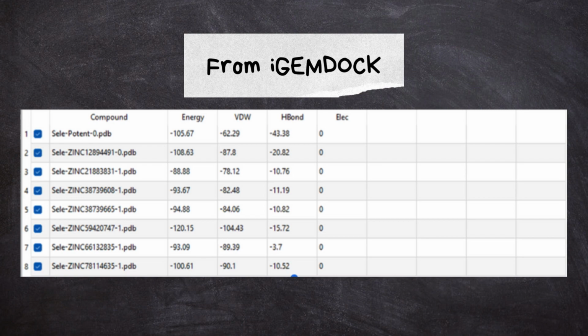But we also found that there's another potential inhibitor which has higher binding energy compared to the potent inhibitor provided, which is the second one, ZINC 128.94491 with the energy of 108.63, which is higher than the energy of 105.67 given for the potent inhibitor.